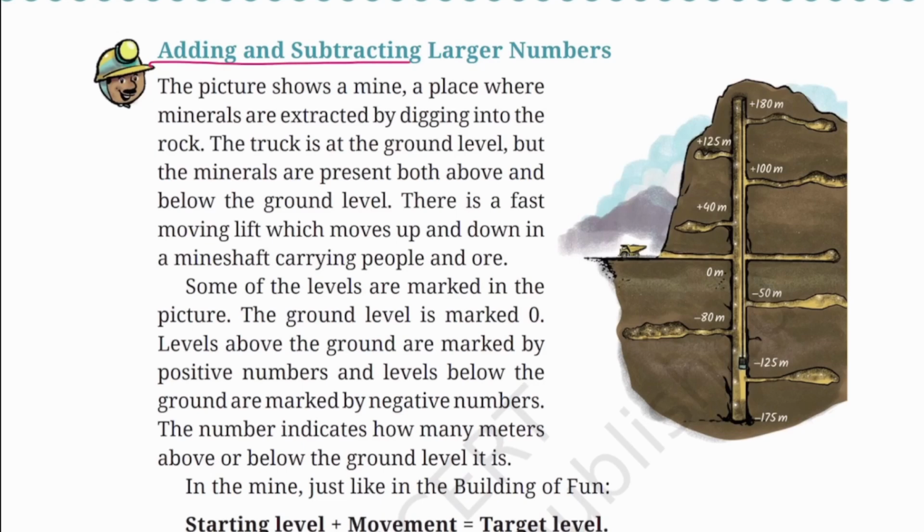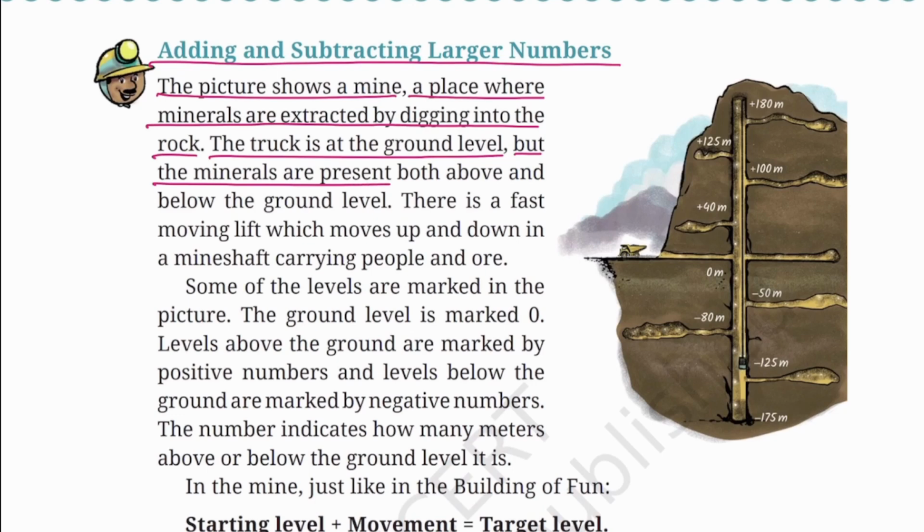Adding and subtracting larger numbers. The picture shows a mine, a place where minerals are extracted by digging into the rock. The truck is at the ground level, but the minerals are present both above and below the ground level.